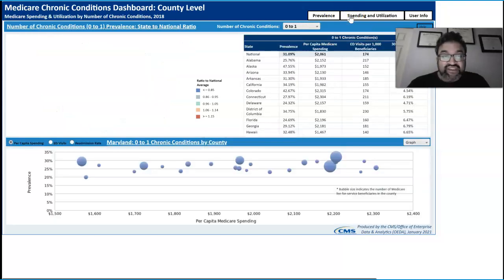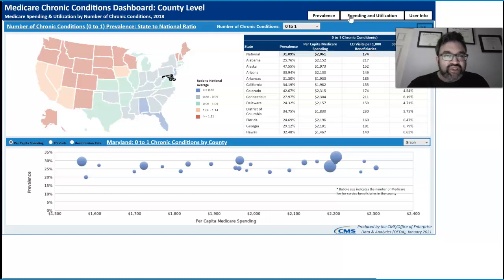Even spending and utilization data is available in terms of chronic diseases and the number of ED visits per 1,000 beneficiaries, and a 30-day readmission rate. So this can provide good information as well, depending on what you're looking for.